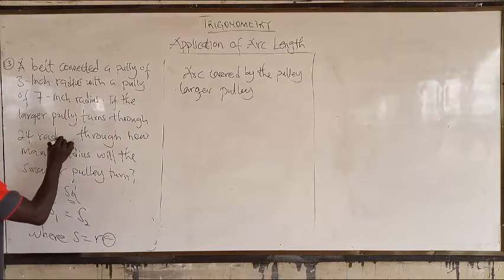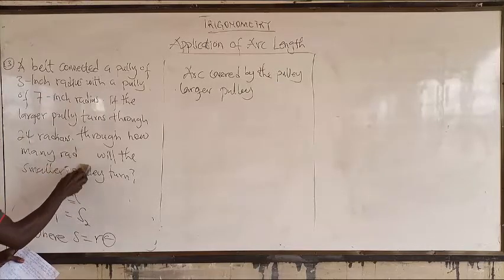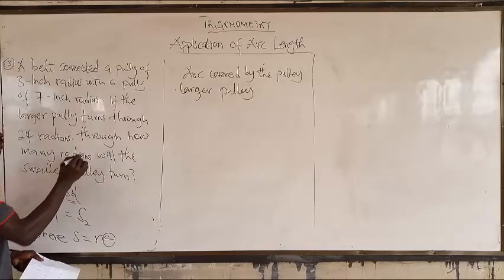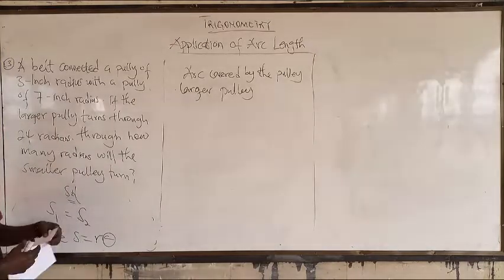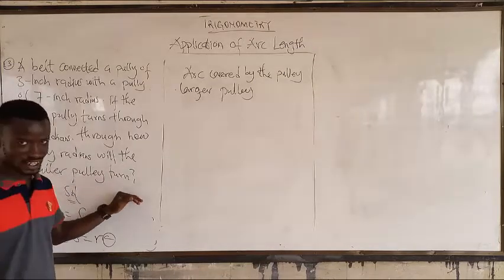Through how many radians will the smaller pulley turn?